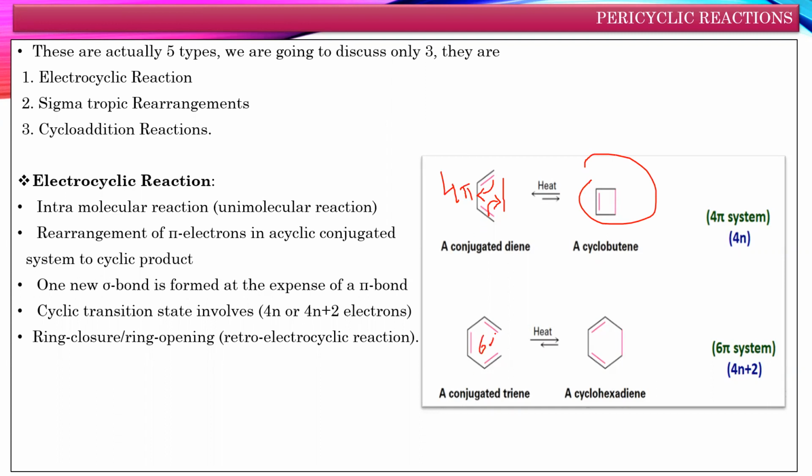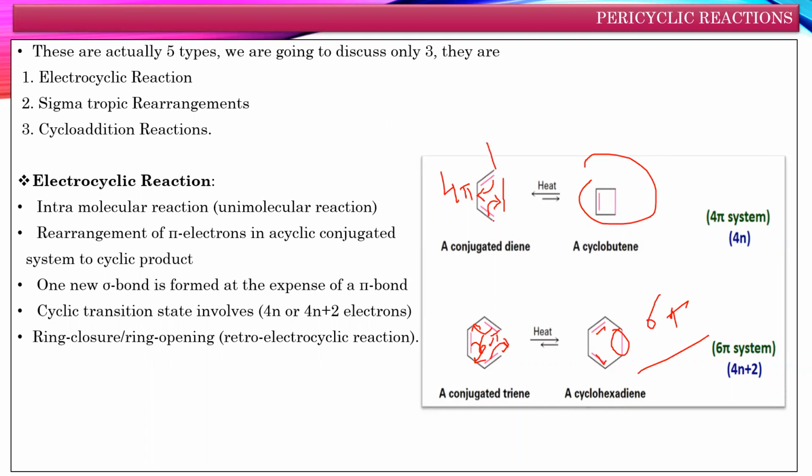This is a 6-pi system. In this, these electrons will go here, and these electrons will go here, and the 2 pi bonds will remain the same and one new sigma bond is formed. It is called a 6-pi system. These are called electrocyclic reactions. Here, this is a simple reaction.